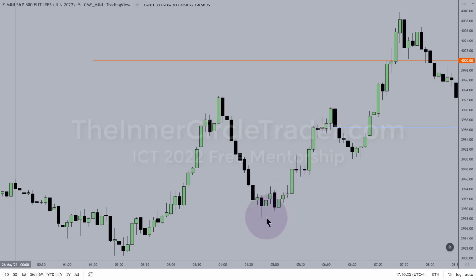Notice that? Low, high, small little retracement, and then a second level of running. Because it had 2 stages to this delivery, I want to use this most recent one. And this is my dealing range. The short-term low, the short-term high.